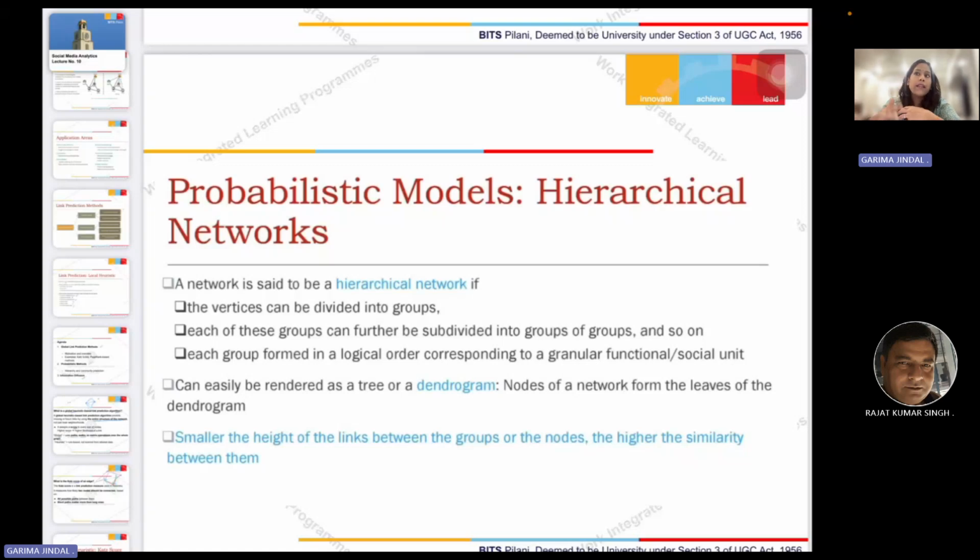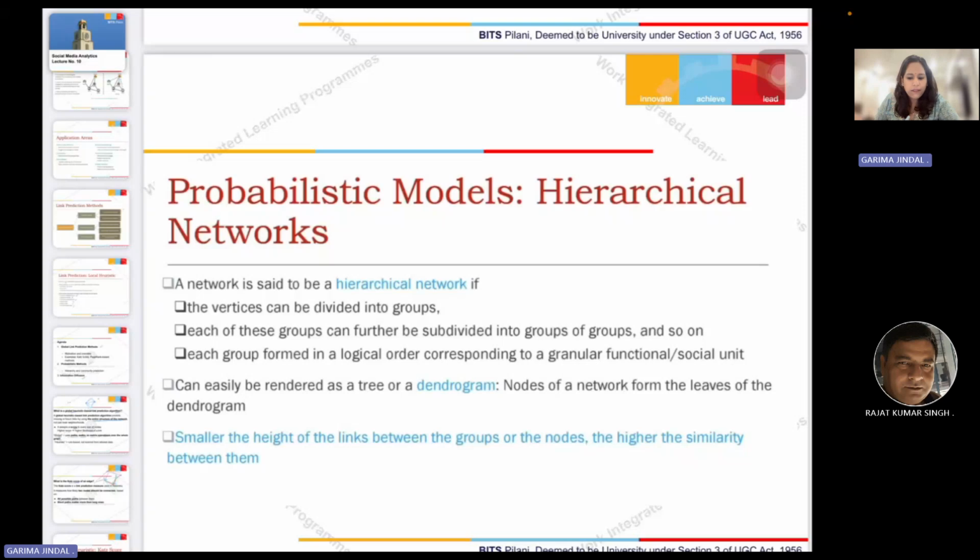Okay, so in your social networks in real life, there are actually some kind of groupings. For example, if we see our family tree or if we consider all our relatives in our family, there are initially certain small groups, for example, families. These families are further connected into bigger groups. So you can see that there is a kind of hierarchy in our social networks.